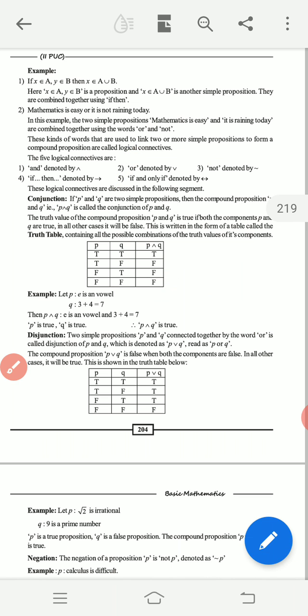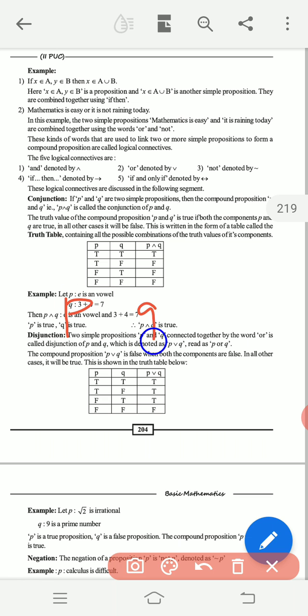Now the truth values of compound statements connected by and. Suppose P and Q are two connecting statements. Suppose the first statement is true and the second statement is true, then only P conjunction Q is true. If both the statements are true, then only the compound statement is true.